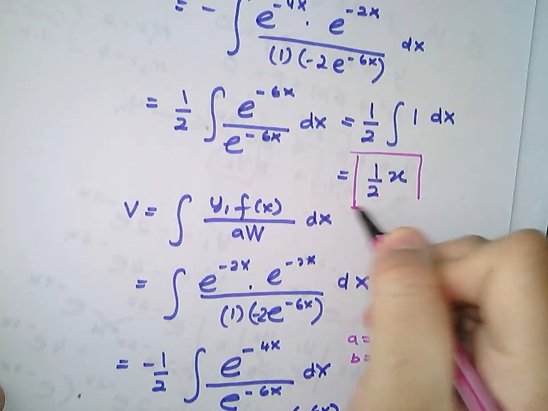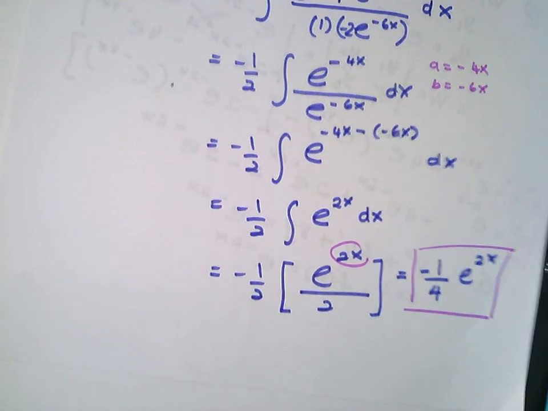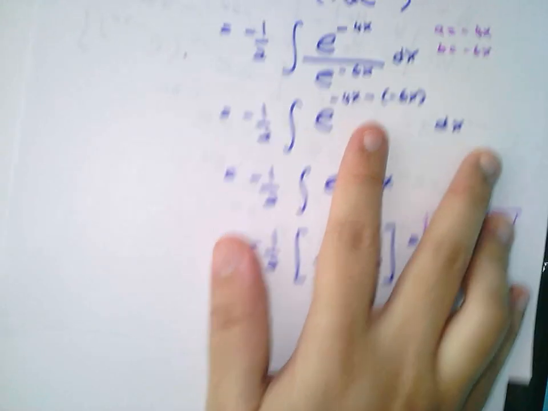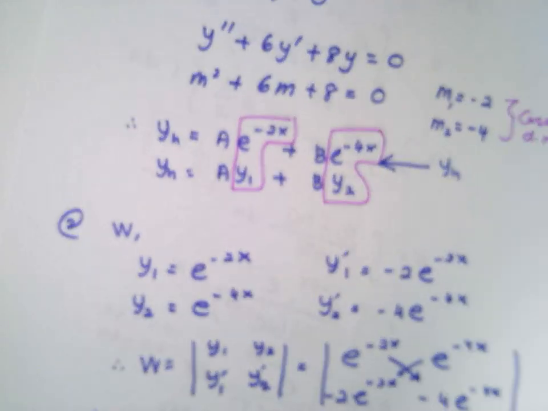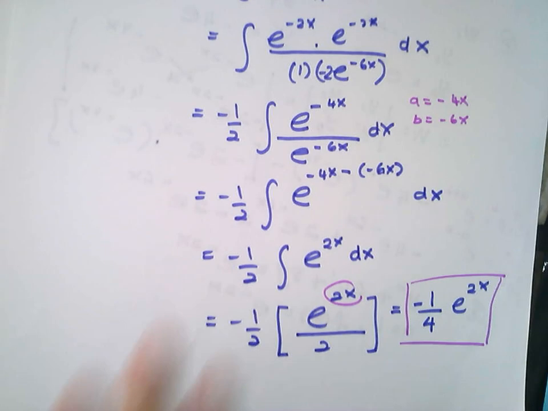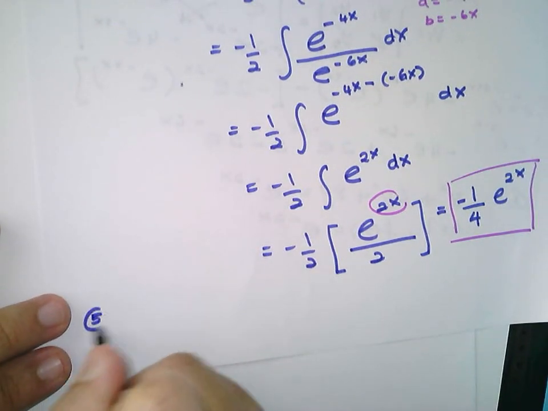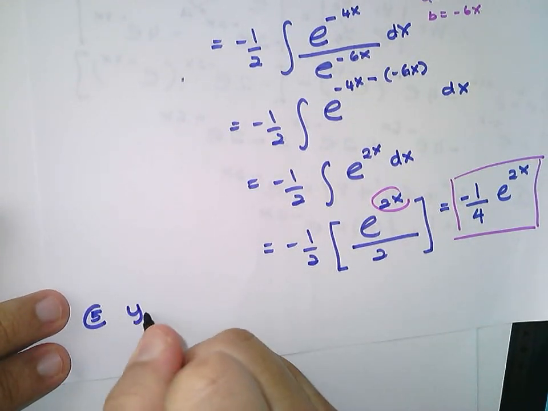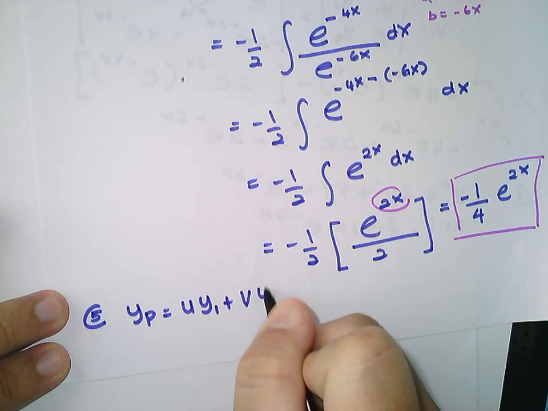So can you find your yp? Yes, you may do so since you already have your u and v, and you also have your y1 and y2 here. Your yp is equal to uy1 plus vy2.